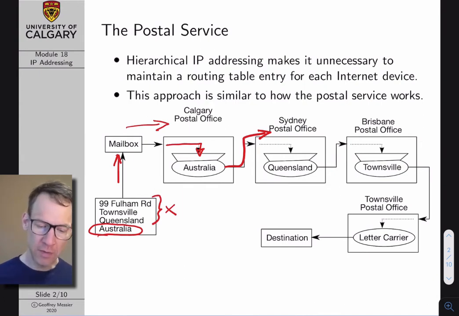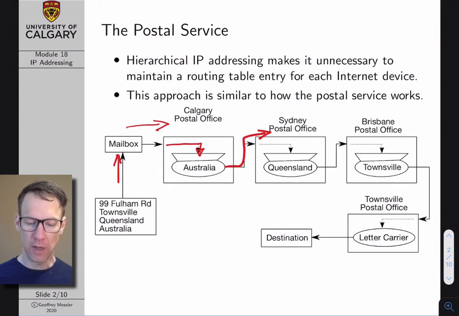At this point, the letter sorting person in Sydney opens up the bag of letters from Canada. And of course, all of these letters are destined for Australia. That's why they're in Australia. So that letter sorting person in Sydney will not really need to look at the country portion of the address.